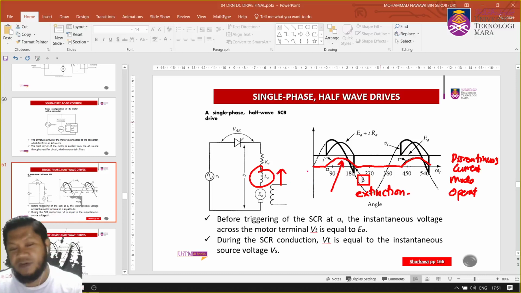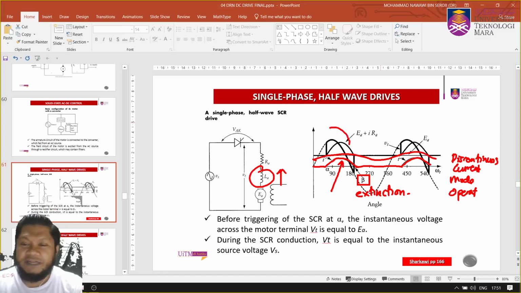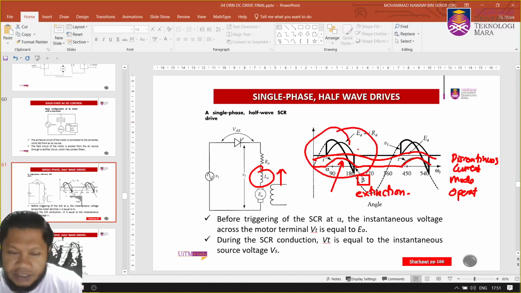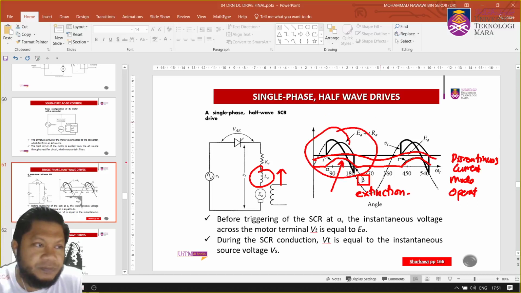For some heavy loads with a very large inductance, your current is no longer discontinuous; it will continue as a continuous current. In that case you're going to have a different output voltage wave shape.